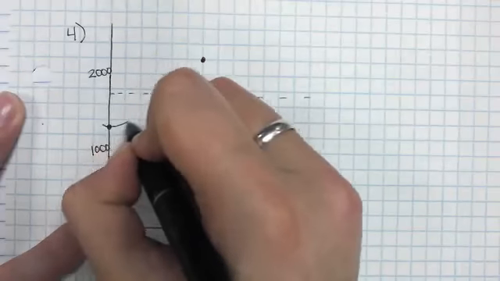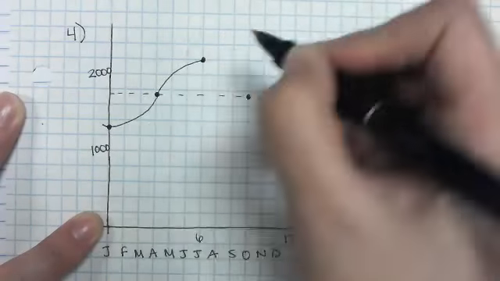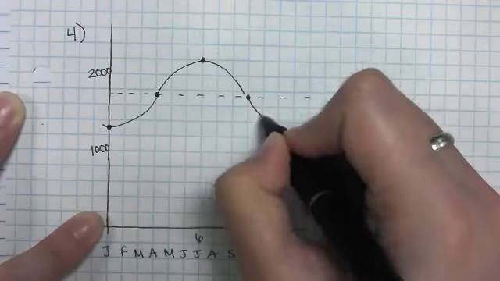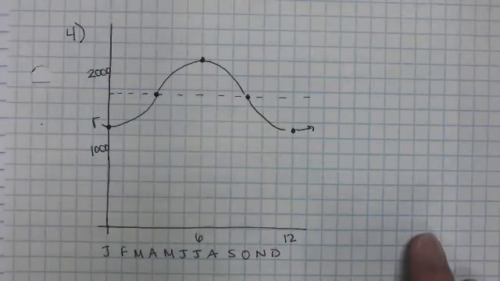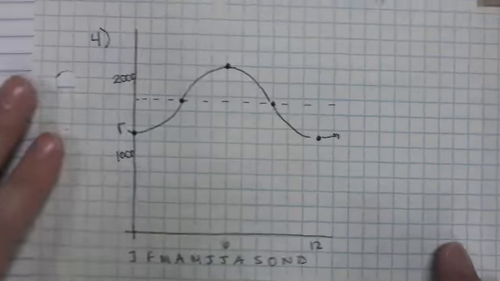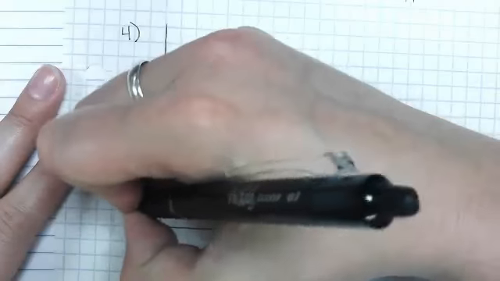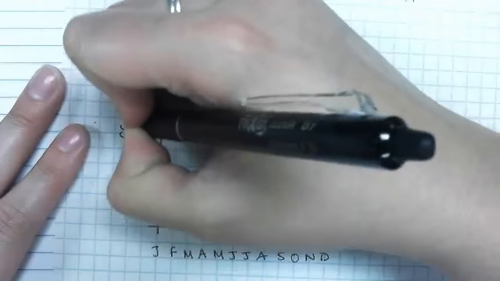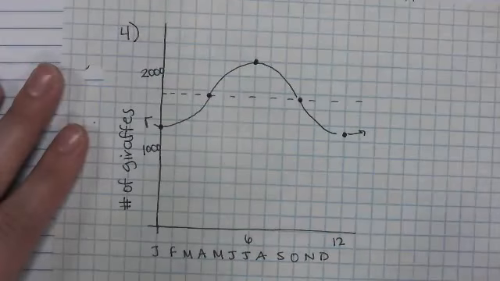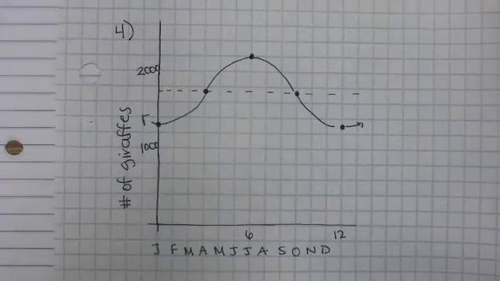And so here is our sketch of what we would expect the population for the giraffes to be. So on this side we can go ahead and label number of giraffes. Okay, so that is our graphing a sketch.